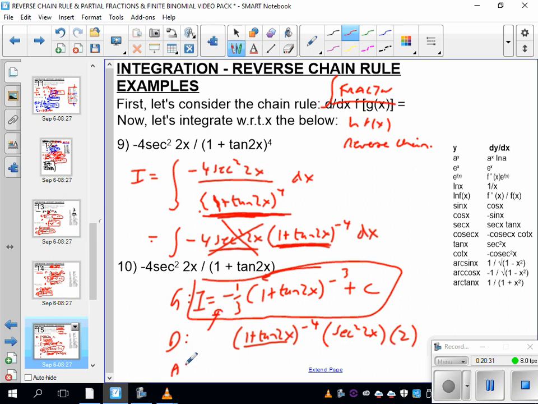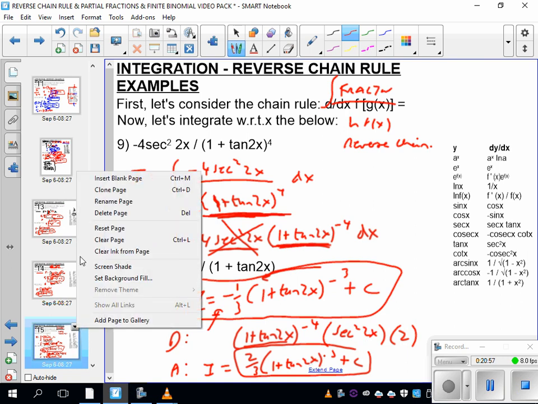So my adjustment is I equals 2 over 3, 1 plus tan 2x to the minus 3 plus c. And you quickly differentiate that to check. Does that work? Yes, it does. Therefore, we're correct.